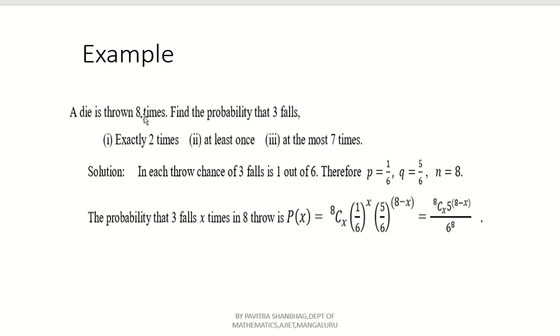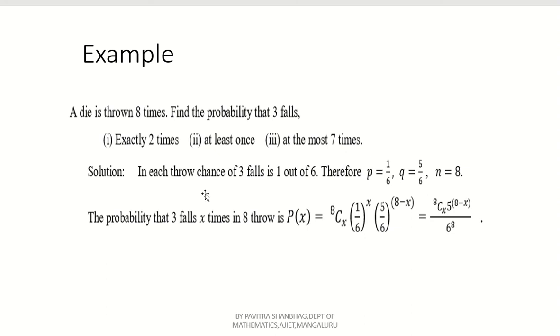Here it is clearly given, thrown n equal to 8 times. So what is the probability that 3 falls x times in 8 throws? Or you can just write the probability function. That's it. P of x equal to nCx p power x q power n minus x. That is 8Cx, 1 by 6 power x, 5 by 6 power 8 minus x.